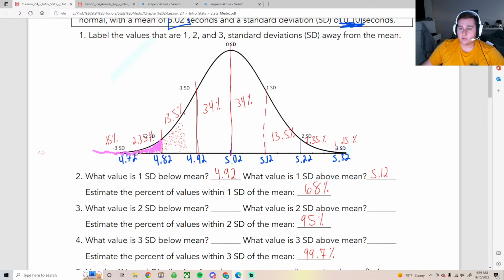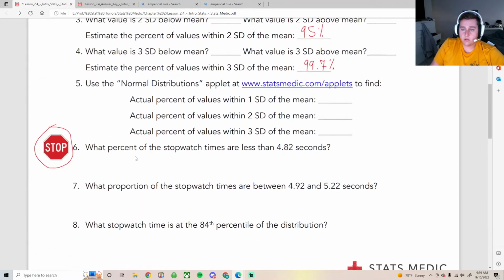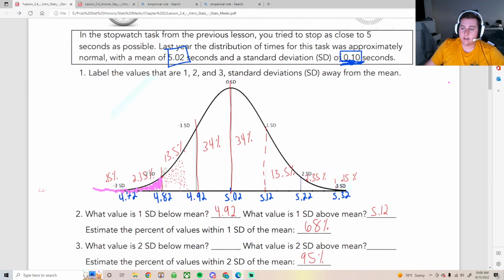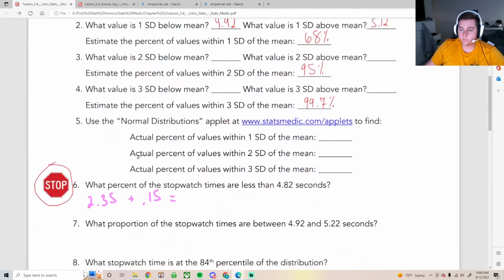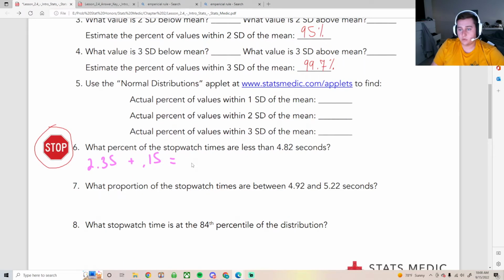So this is 2.35 plus 0.15, which will give you the total percentage of times that are less than this value, 2.50. That's it. So the percentage of stopwatch times less than that is just the sum of those slices.